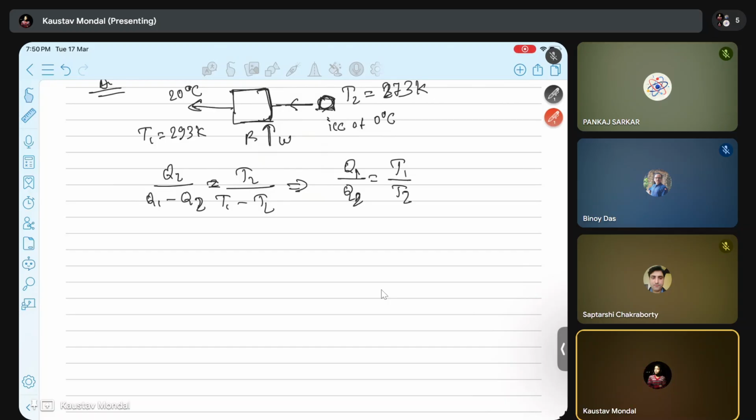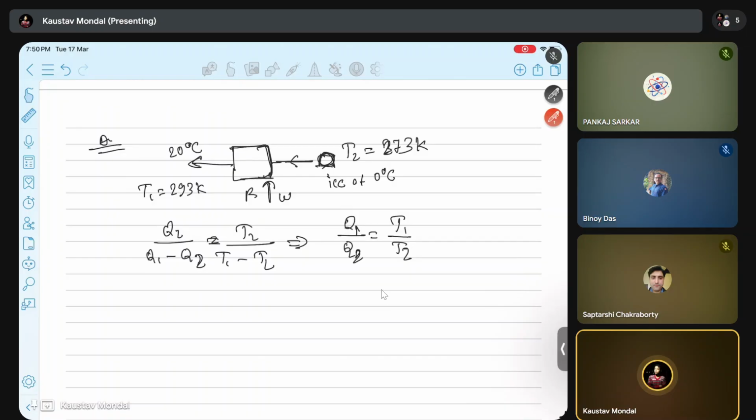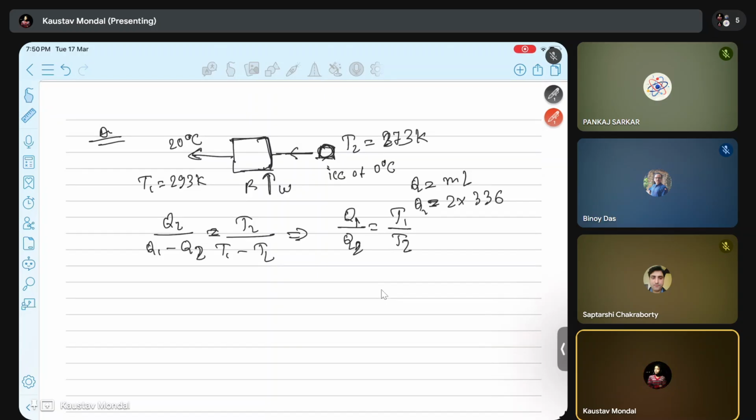Now Q2 is the heat that you need to pull out from the ice to make sure that it doesn't melt. That heat should be equal to the latent heat, so per hour Q2 is mL. 2 kg of ice is melting per hour, so M is 2 and L is 336.